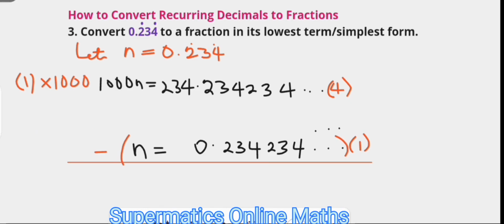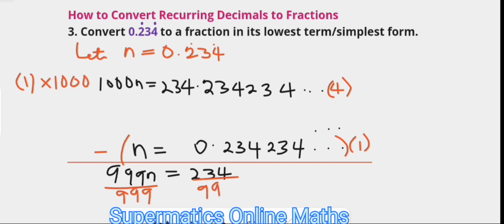This gives us 999n to be equal to 234. Then we divide both sides by 999 and check if 234 over 999 can be reduced to the lowest term.